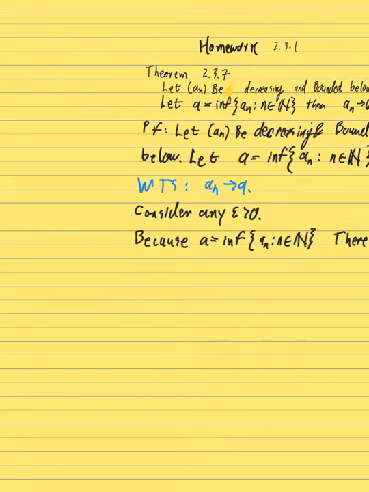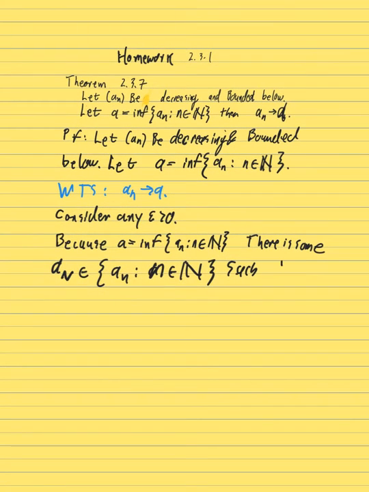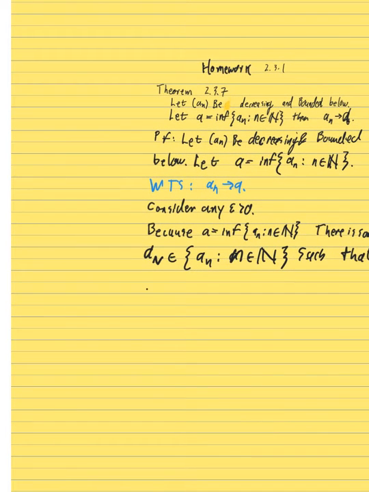So there's some A sub big N such that A sub big N is less than A plus epsilon.